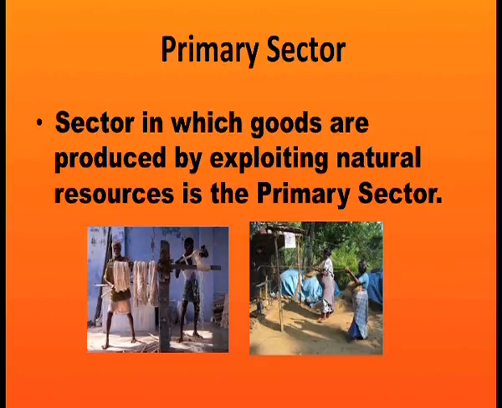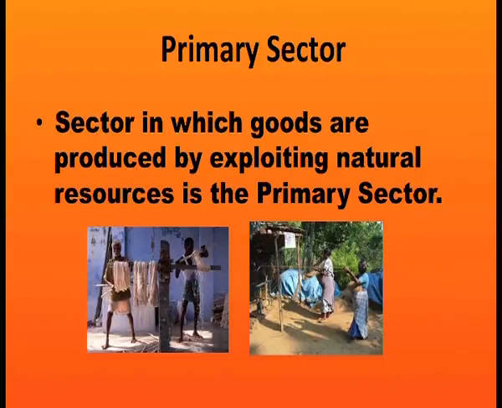All of them are doing what? They are exploiting the natural resources. So, the people who are engaged in producing goods by exploiting the natural resources are engaged in a sector called primary sector.